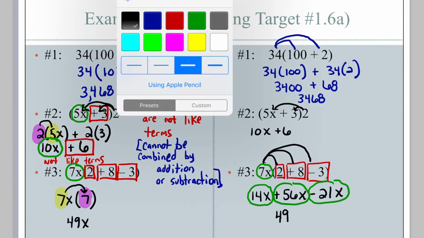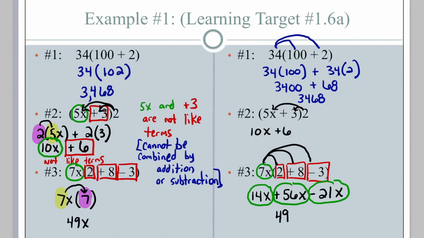And I'm going to do something here just to highlight a particular point I want to make. When we combine like terms with a variable through addition and subtraction, we do not change the value of the exponent of the variable. It remains the exact same. So that x stays the same, exponent and variable, as the x in the terms that we were combining.